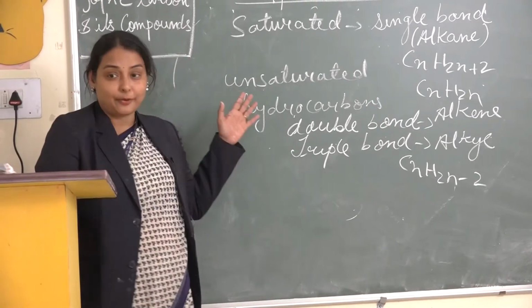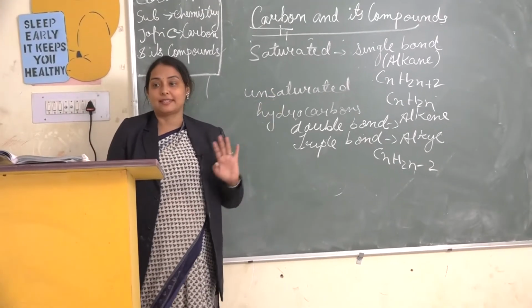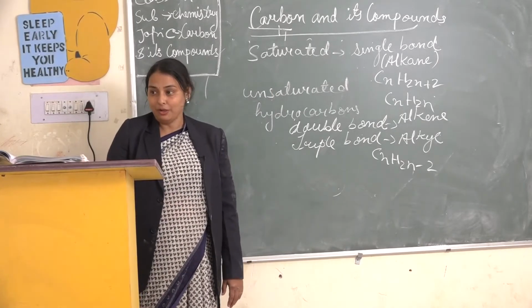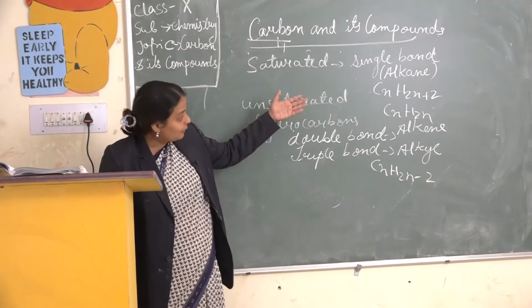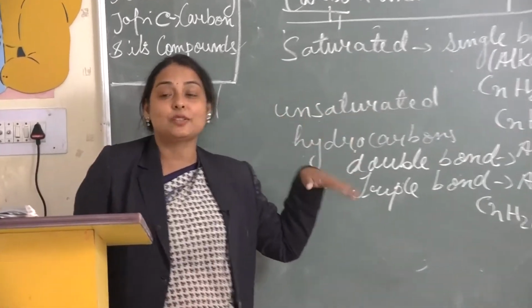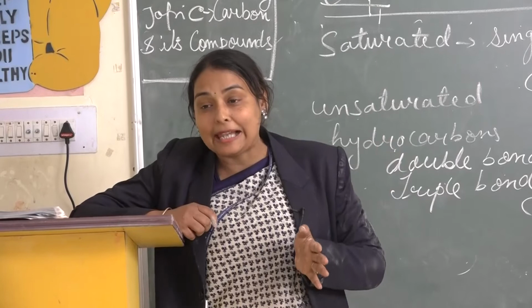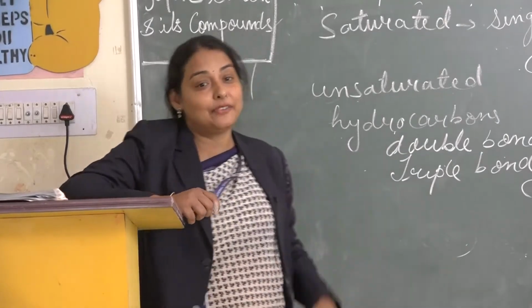So this is the difference between saturated and unsaturated hydrocarbons. Till here, we came to know that alkane has a single bond, alkene a double bond, and alkyne a triple bond.